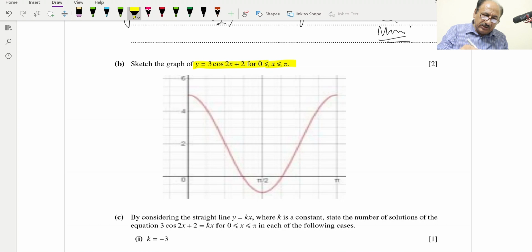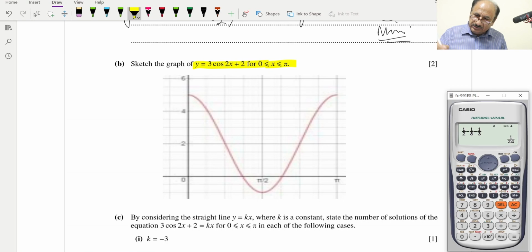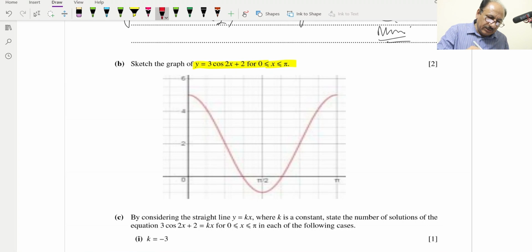So what we can do is replace x is equal to 0. The easiest way is to write 3 cos of 2x plus 2, and you can calculate for x is equal to 0, which will give you the value 5, so you will get this point.